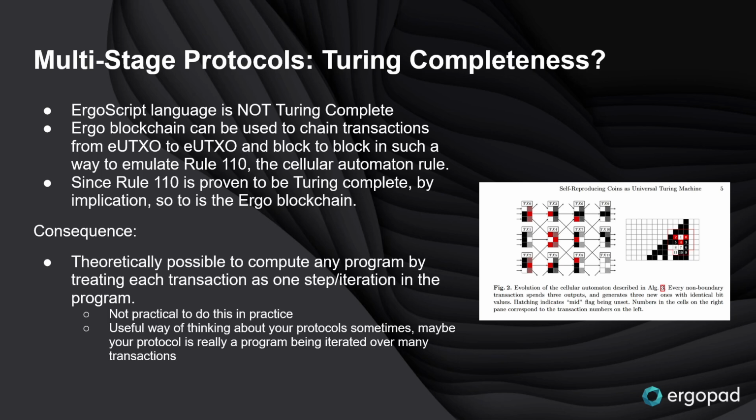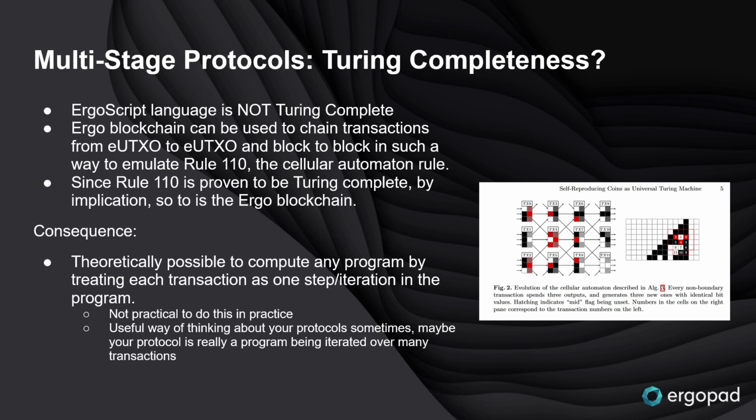You can look this up on Wikipedia. Since Rule 110 is mathematically proven to be Turing complete, by implication so too is the Ergo blockchain, since it was proved in this paper from Alex that you can use the blockchain to emulate Rule 110, and so it's therefore Turing complete.